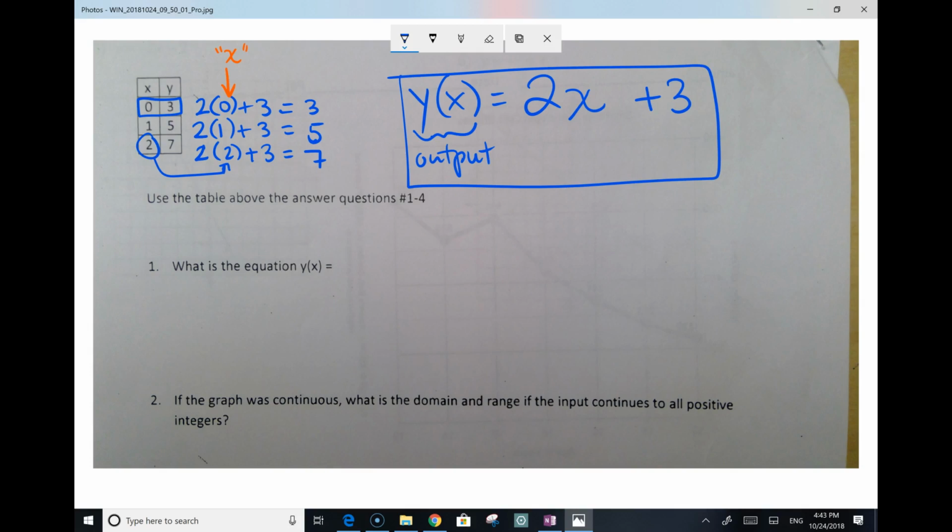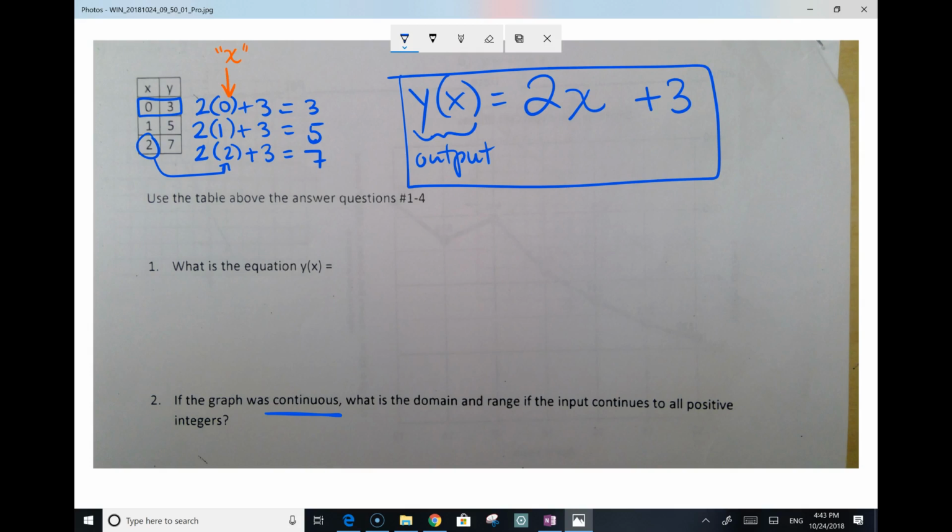All right, back to number 2. If the graph was continuous, what's the domain and range if the input continues to all positive integers? Well, we're talking about the data from this table. If the graph was continuous, that's a key word. Continuity means that it flows without interruption.